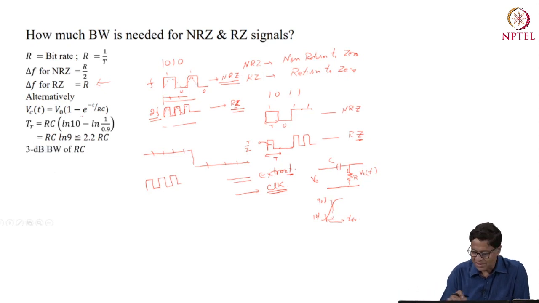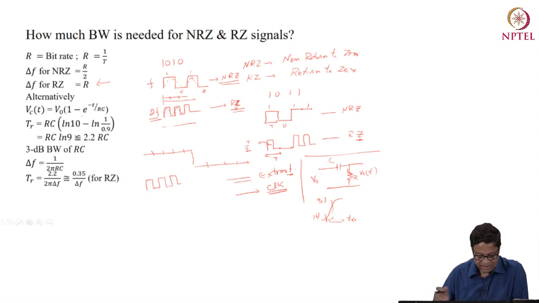And if you calculate the 3 dB bandwidth of this RC circuitry, this will be delta F equal to 1 by 2 pi RC. If you put these values of RC here, then what you get is TR equal to 0.35 divided by delta F. This is for the RZ signal.